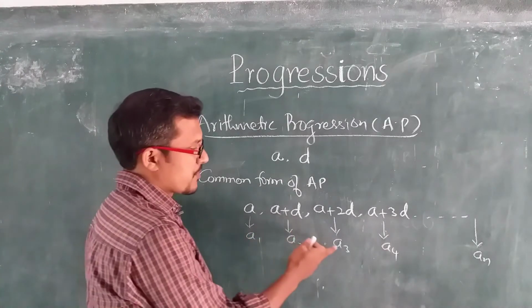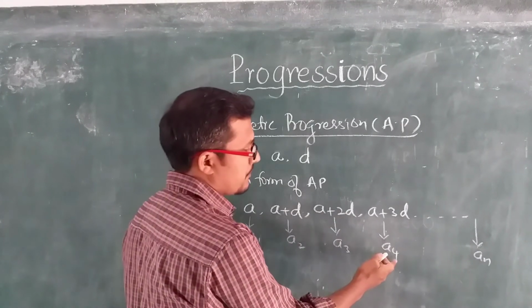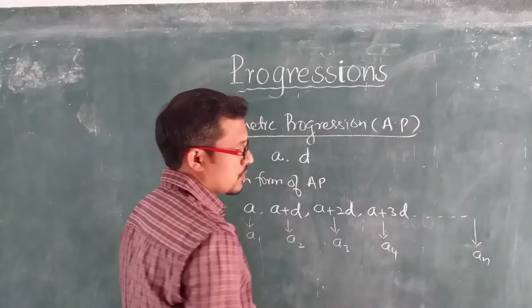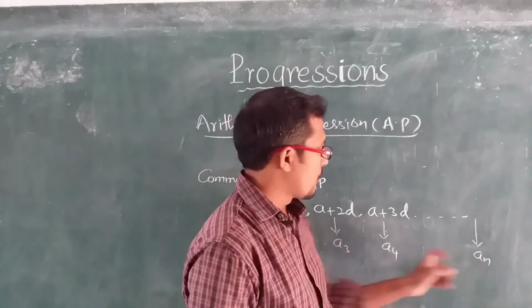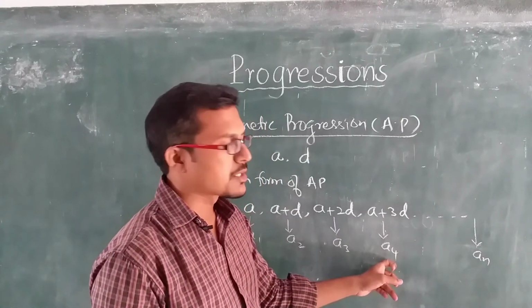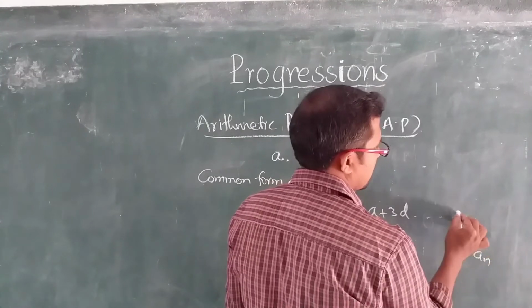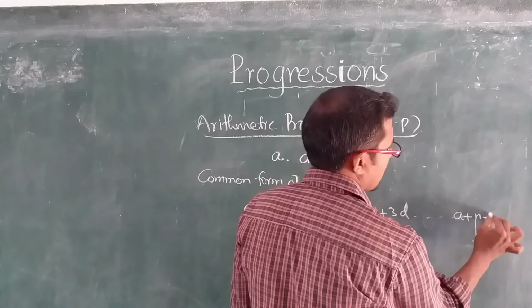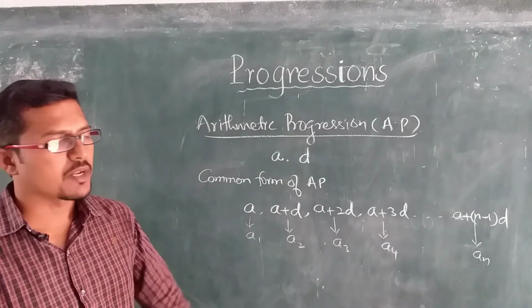In A3, the D's are 2. In A4, the D's are 3. So the common property is that the number of D's in the nth term is one less than the number of terms. So we can draw the nth term as A plus n minus 1 into D.